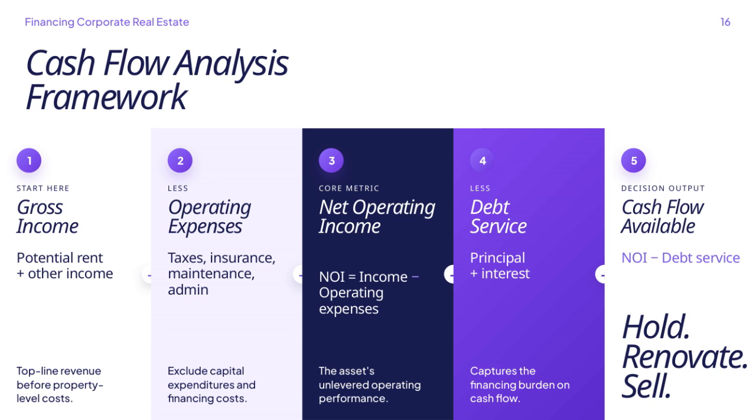This step captures the impact of financing on the overall cash flow. Finally, by subtracting the debt service from NOI, we determine the cash flow available. This figure is crucial for making decisions about whether to hold, renovate, or sell the property. Understanding this cash flow helps guide strategic choices in managing corporate real estate financing.